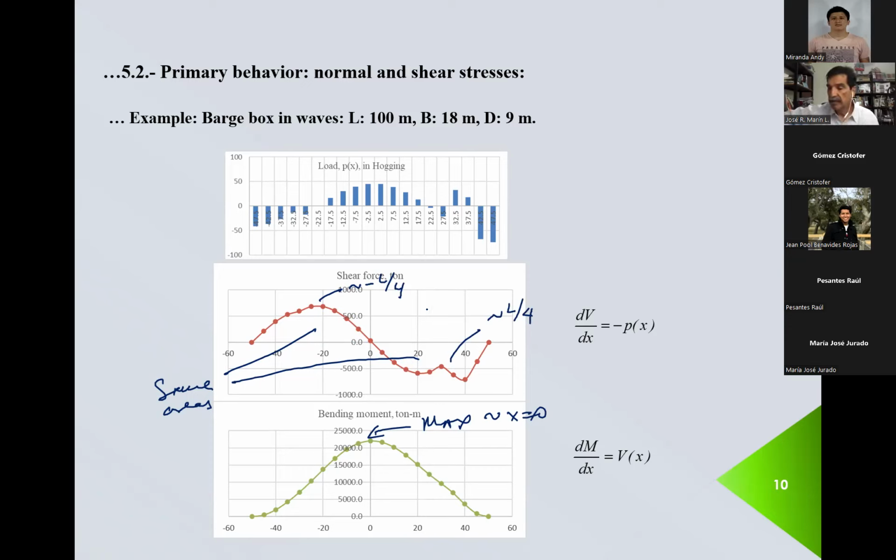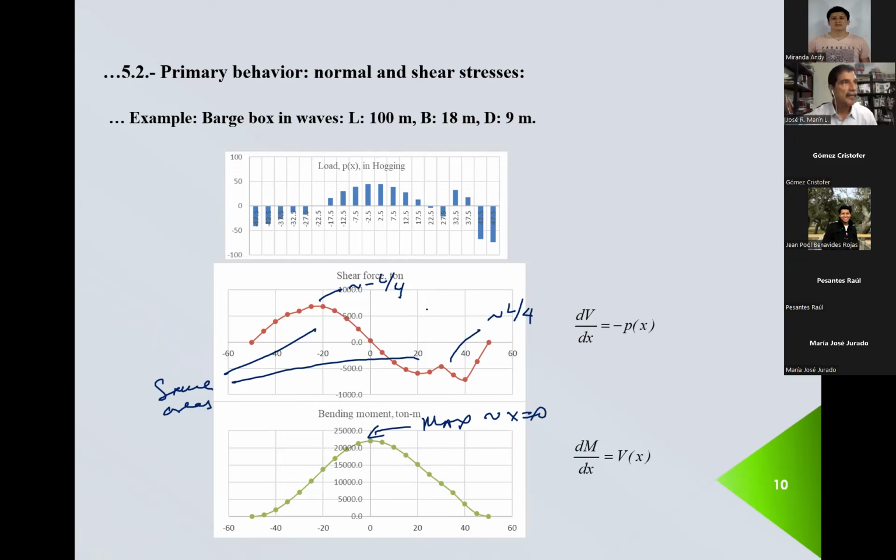So every time we are worried about shear force, in the case of the hull, usually we look towards minus L/4 and plus L/4. Every time we're looking for bending moment, we look at midship. That's because of these results.